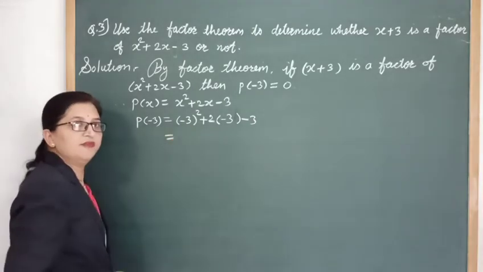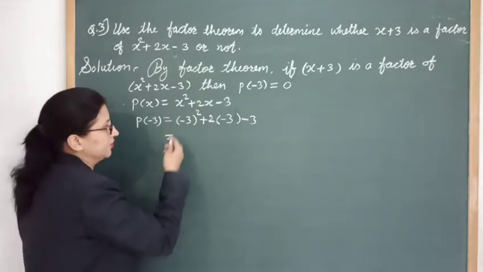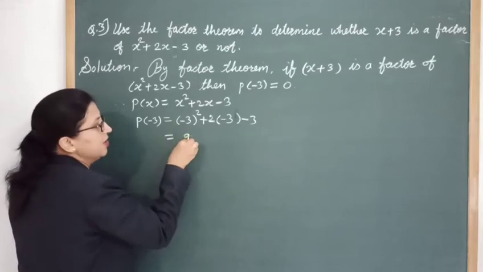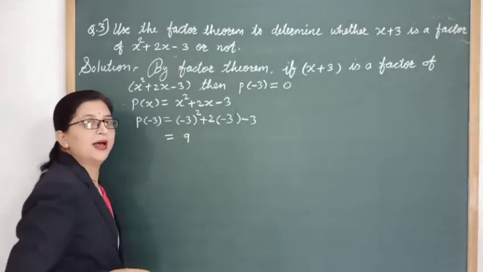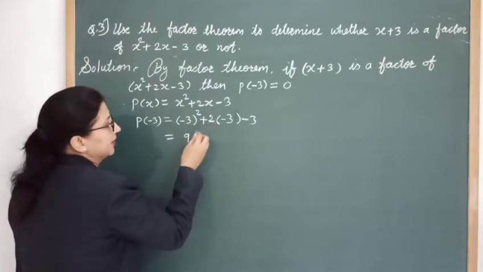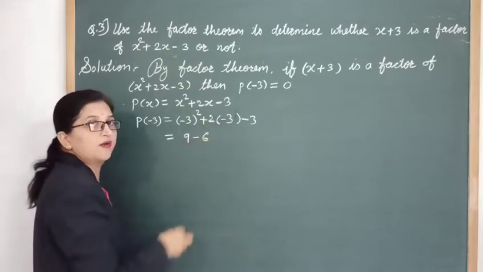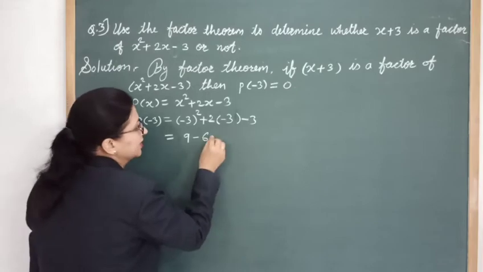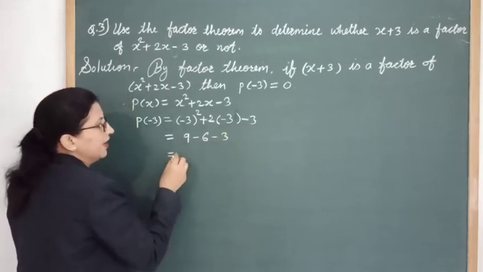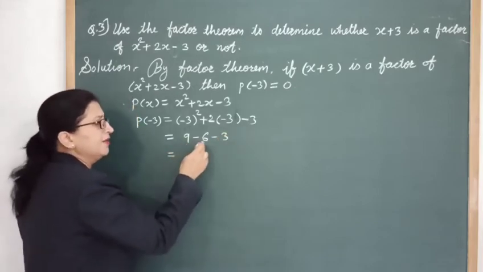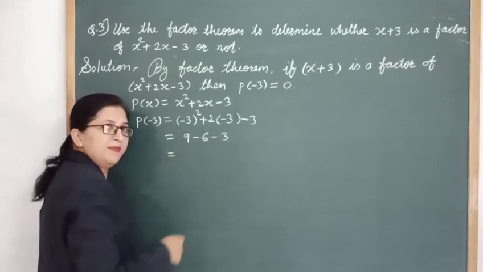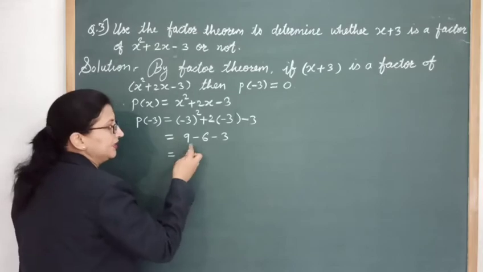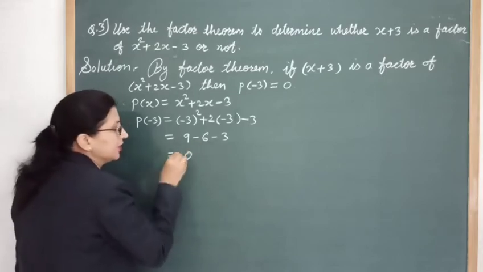Okay, square of negative number is always positive. So square of negative 3 is positive 9, then positive 2 multiplied by negative 3, that is negative 6. Product of different signs is negative, and this minus 3. Okay, now here 9 minus 6, that is 3, positive 3, and again minus 3. So we get 3 minus 3, that is 0.